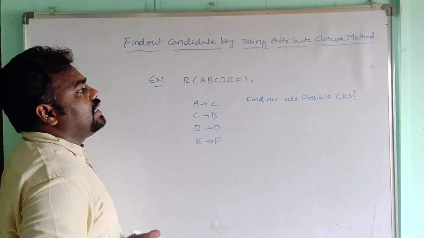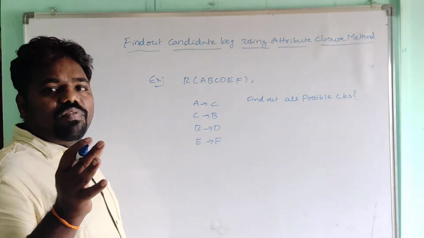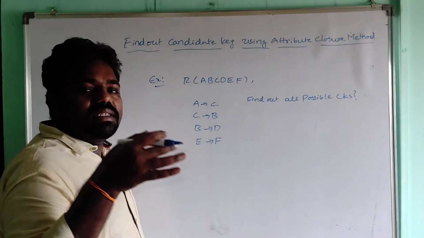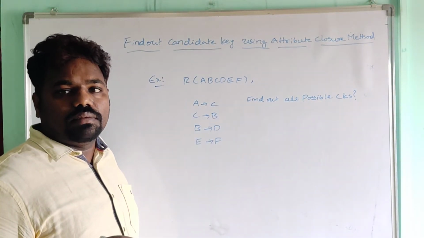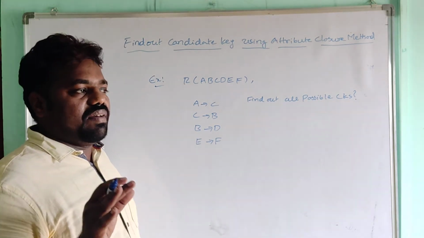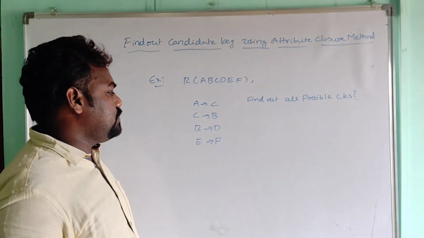In the previous method, we were finding candidate keys by taking the first element, second element, third element. This method is a very simple method. It is very, very important.